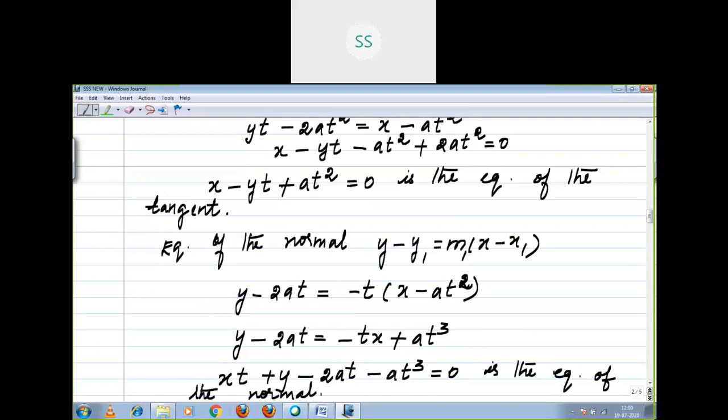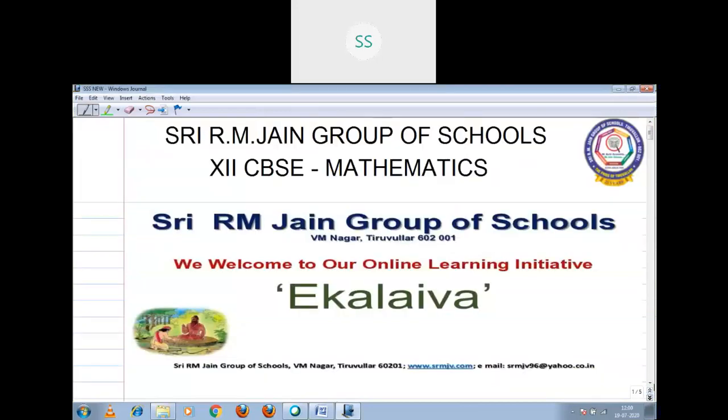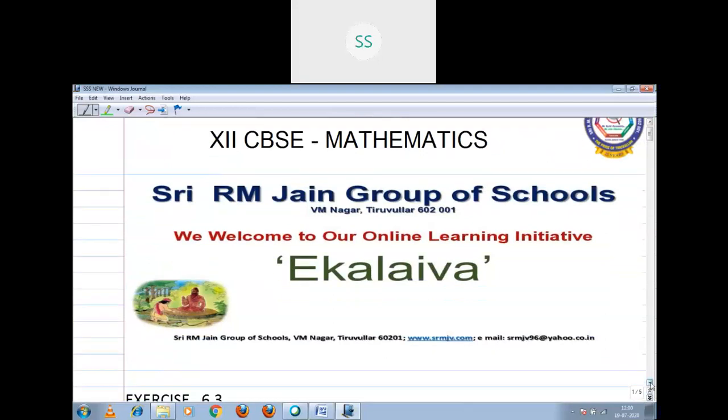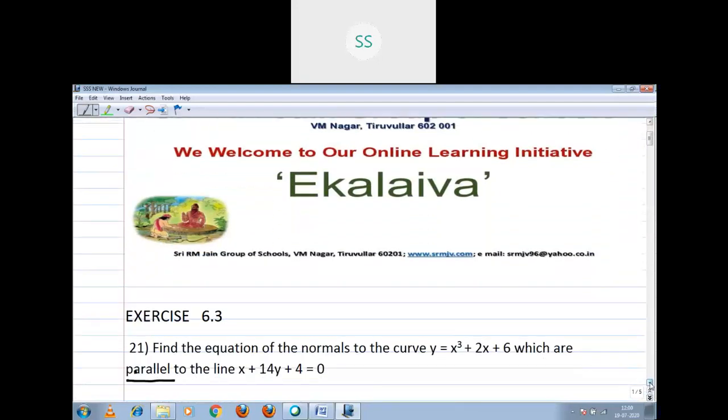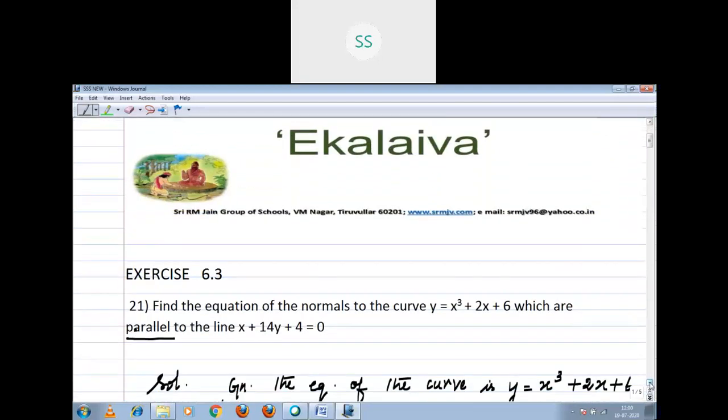See children, again I am going to explain question number 21 and 22. You have to listen carefully. Find the equation of the normal to the curve which is parallel to the line. The parallel line only will help you to solve the problem.